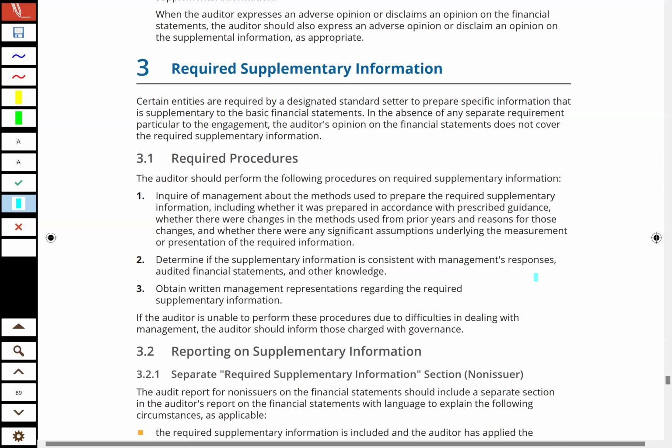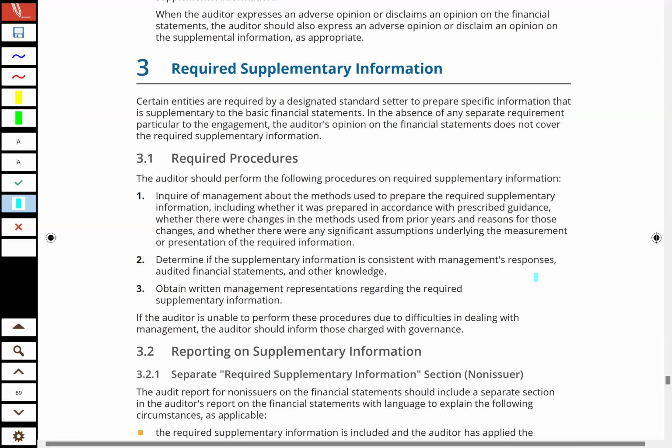That doesn't have to be the case. Often it is not. Often the auditor issues the audit report and they give no opinion on the supplemental information. But because that supplemental information is right next to the financial statements, the auditor does have some limited responsibility on all audits as it relates to that supplemental information.